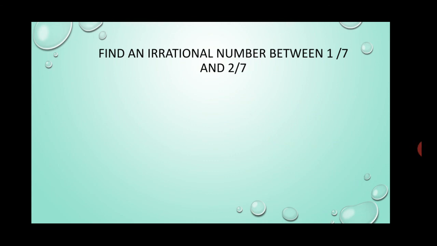Find an irrational number between 1 by 7 and 2 by 7. Do you know what type of decimal expansions rational numbers have? Yes, rational numbers have either terminating or repeating decimal expansions, right? Similarly, irrational numbers have non-terminating, non-repeating decimal expansions.